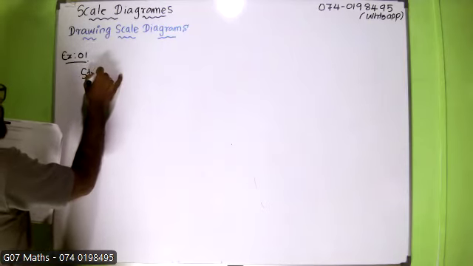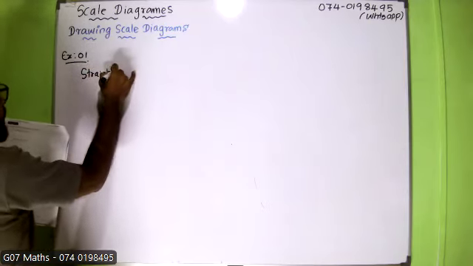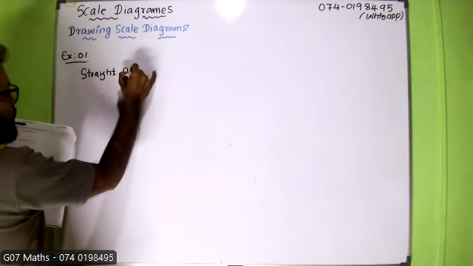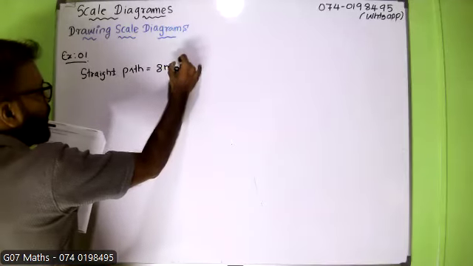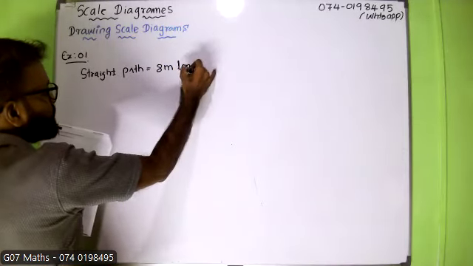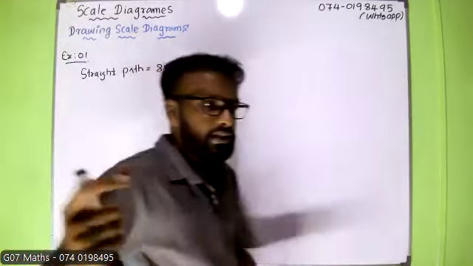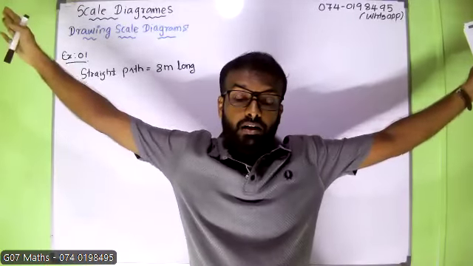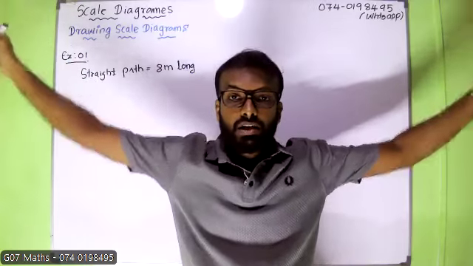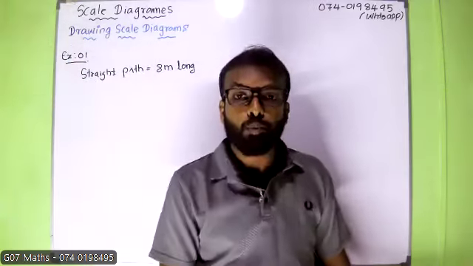This is the actual length of the straight path, equals 8 meters long. You can see this, 8 meters means a very big distance. You cannot draw it inside the book.